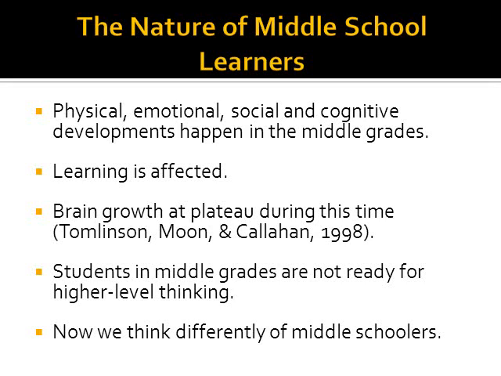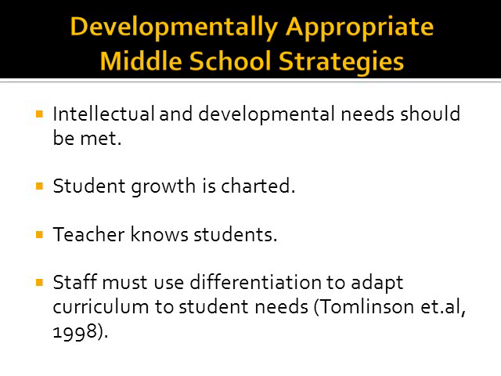Students are not ready for higher level thinking. But with time, research has found that middle school learners are capable and can use critical thinking. It just has to be with differentiation. And there are developmentally appropriate middle school strategies that can be used to teach differentiation.